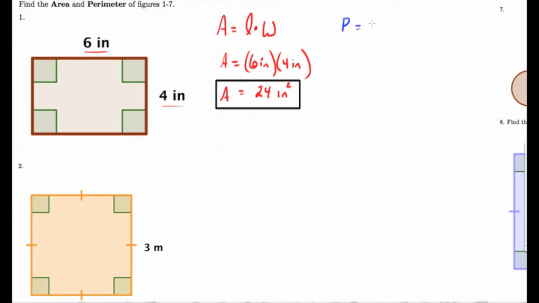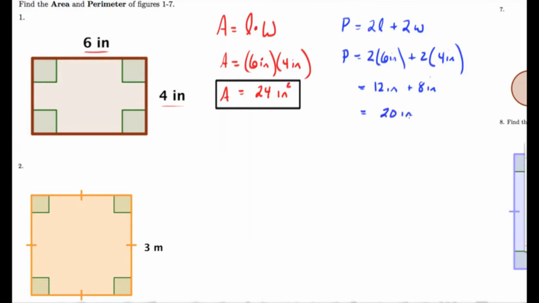The length is 6 inches and the width is 4. 2 times 6 is 12. 2 times 4 is 8. And then we add these together. 12 plus 8 is 20 inches. That's our perimeter. And there's number 1. It's completed.